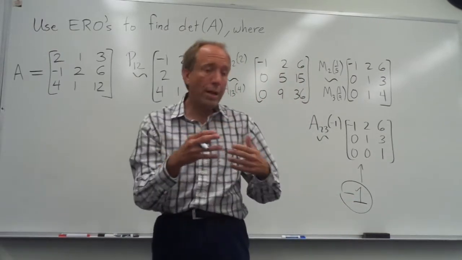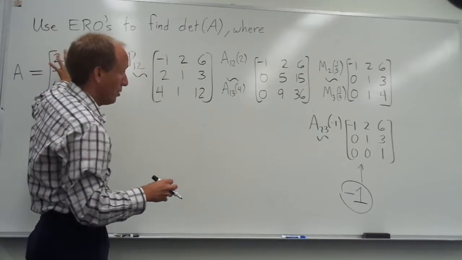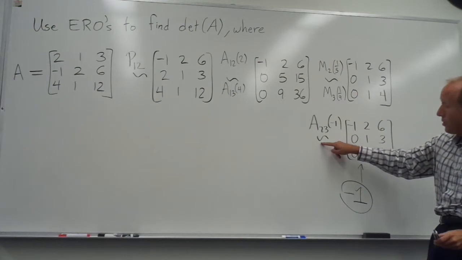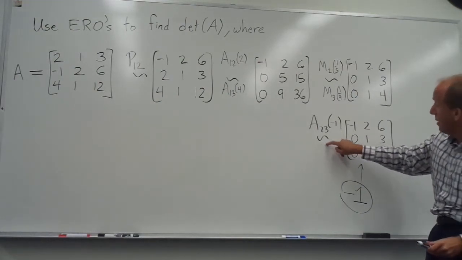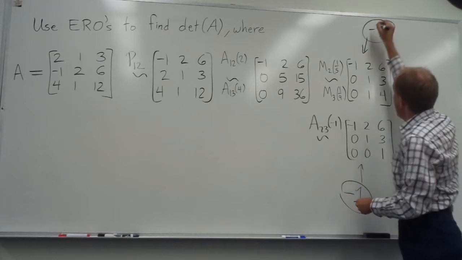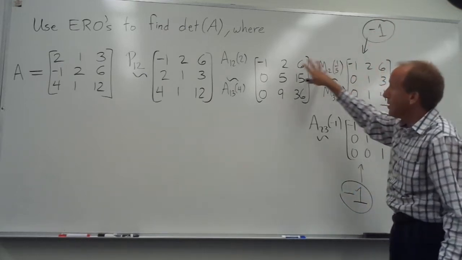So I just want to show you now, we can go backwards through these steps to get the determinant of the original matrix. So this last ERO that we did has no effect on the determinant, right? So the determinant of the matrix right here is also -1. Okay? Now the big step is really from here to here.